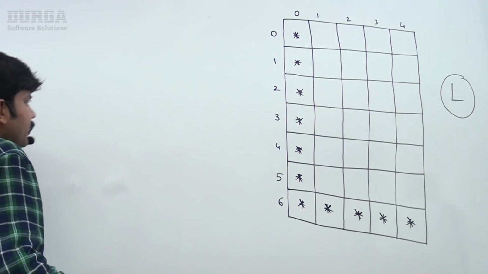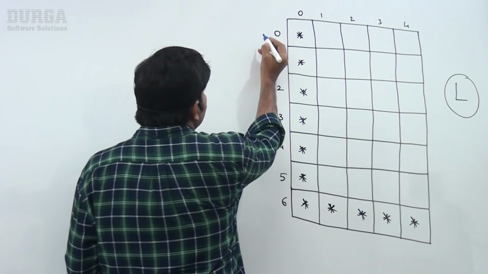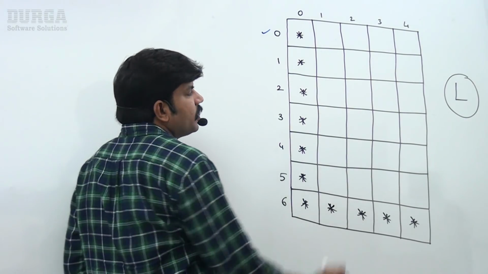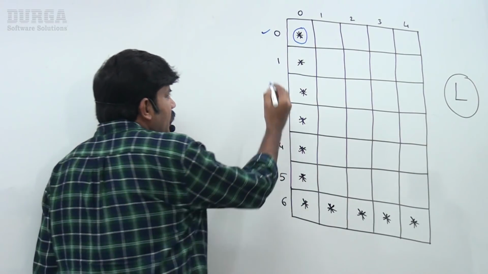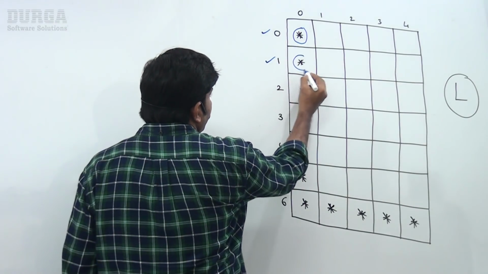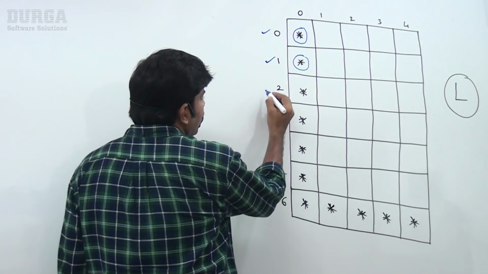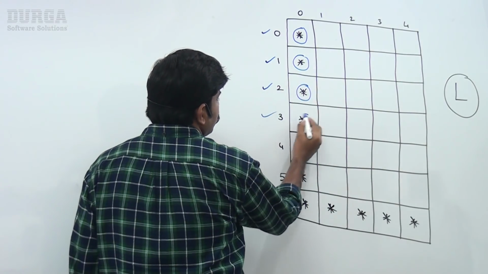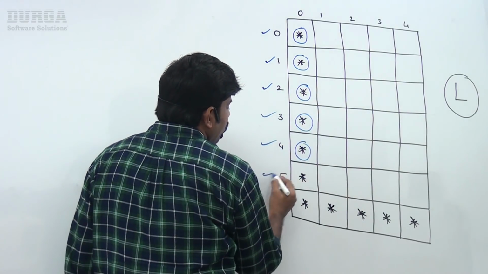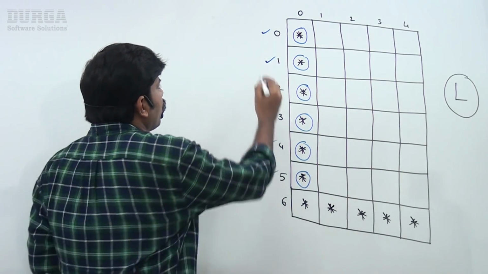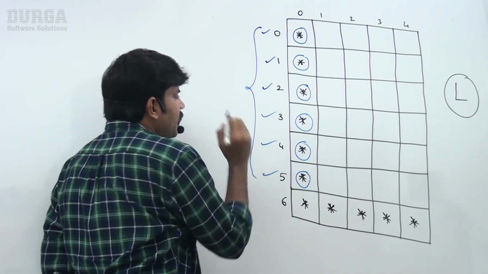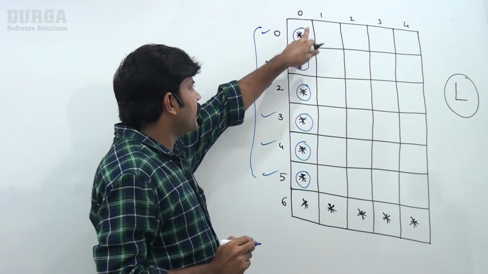In the first row, observe how many star symbols there are. Only one star. The second row, only one; same here, here also same, fourth same, fifth same. So rows 0 to 5 are similar, with a star symbol only in the 0th column.